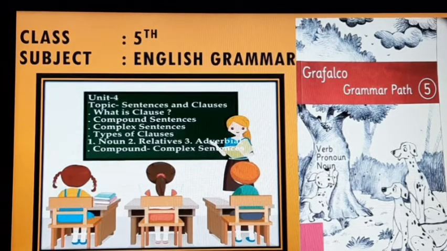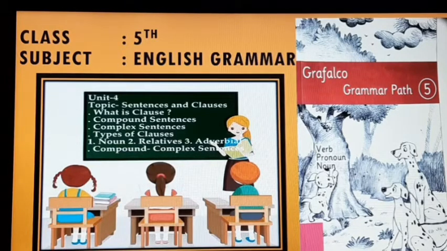In this we will try to understand some of the subtopics that are already mentioned here on the screen. You can see the topics: what is a clause, after that compound sentences, then we will try to learn complex sentences with the help of examples.